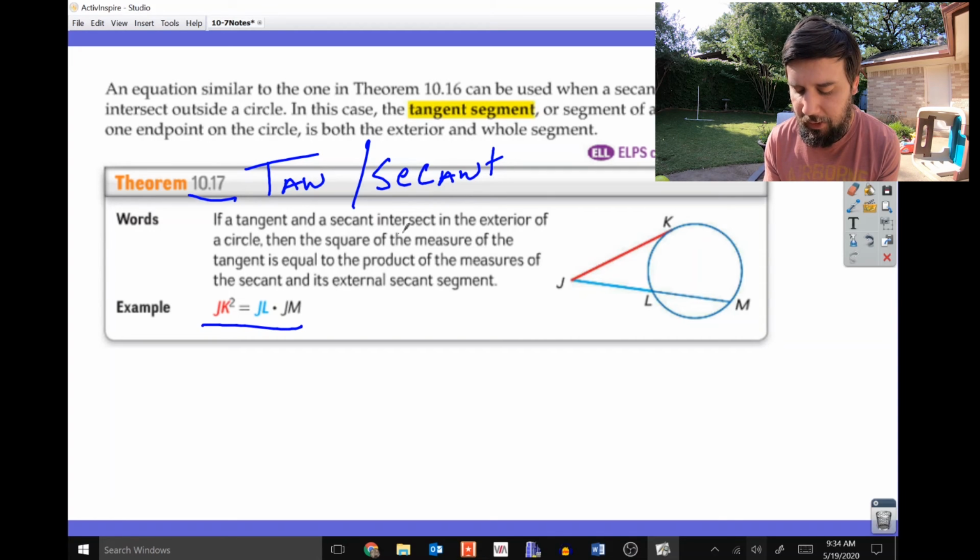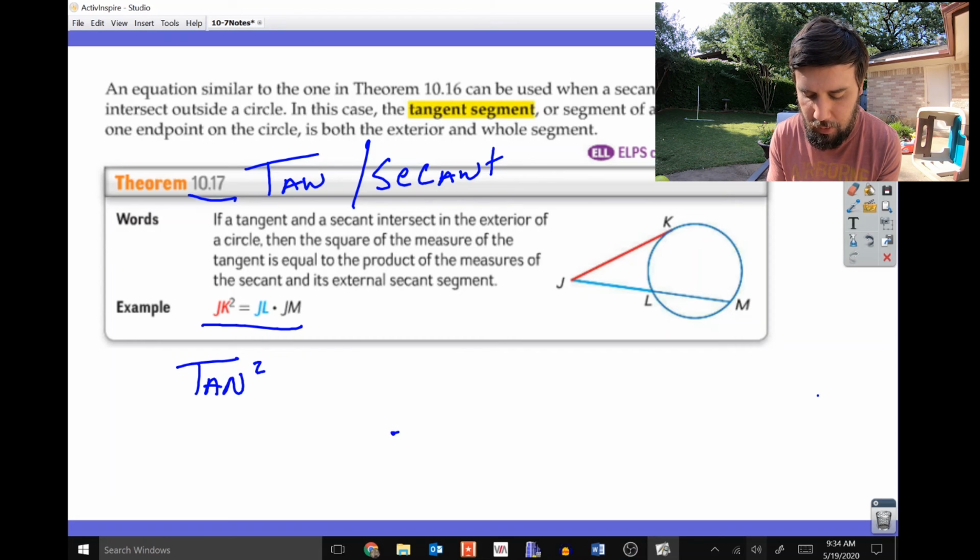If the tangent and secant intersect in the exterior part of a circle, then the square of the measure of the tangent, so we're going to square the tangent, is equal to the measure of the secant. Remember what we do with the secant? It is the whole piece, right?